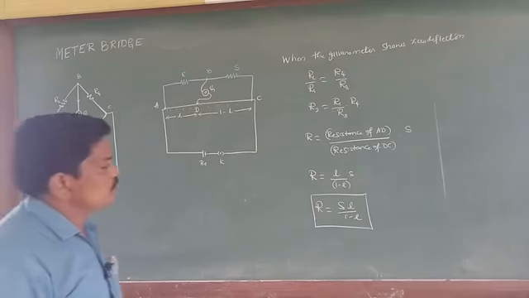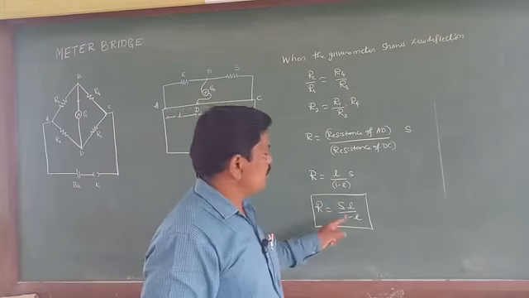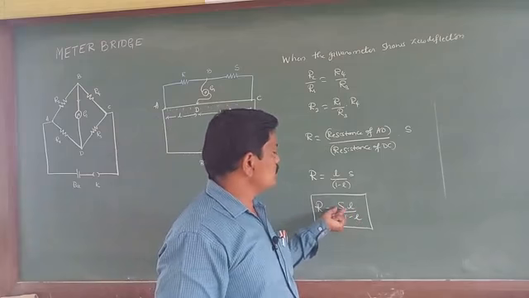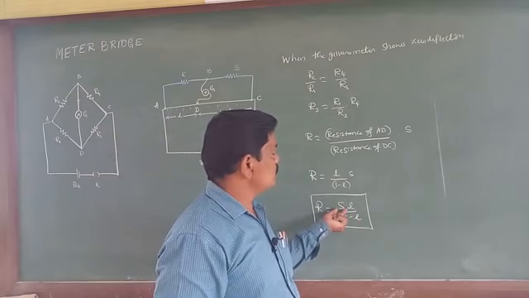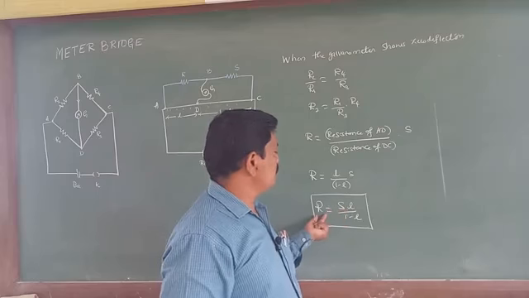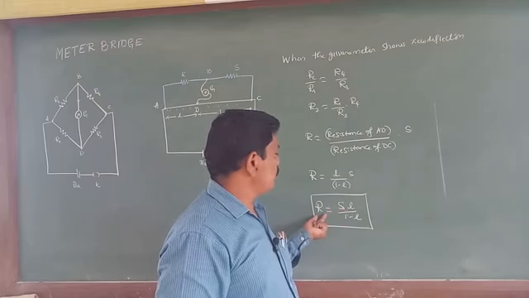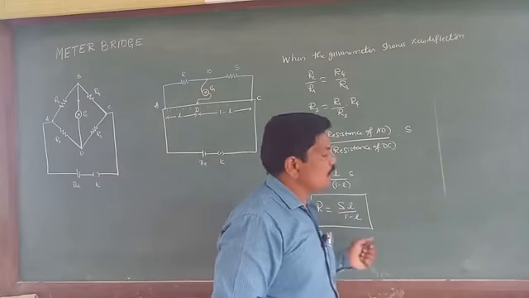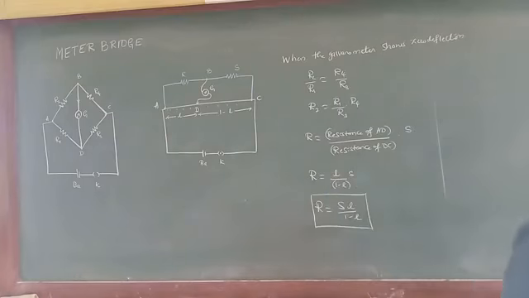Okay, note this down: R equal to SL divided by 1 minus L. Here L is known, so we will definitely get 1 minus L also, and the standard resistance S is also known. Then we can easily calculate the unknown resistance. This is the practical application of Wheatstone's network.